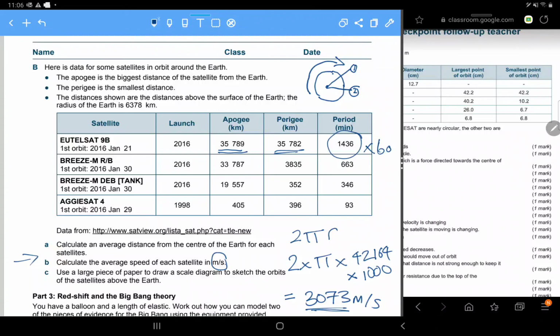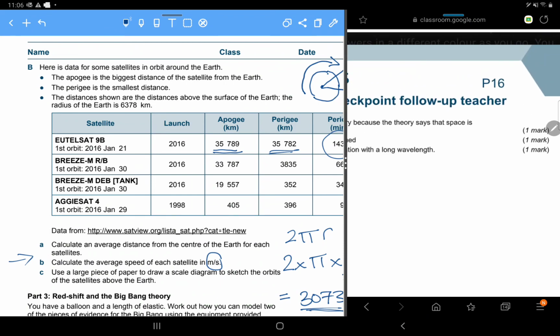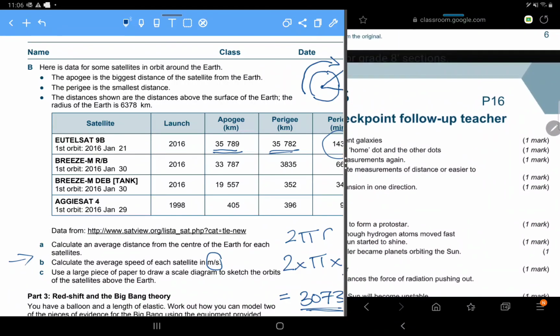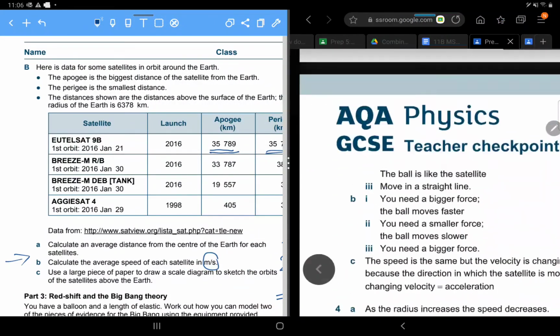In terms of using a large piece of paper to draw a scale diagram to sketch the orbits, that is obviously a task. I'm not sure if you were able to do that, but if you look at the answers here, you'll see that.